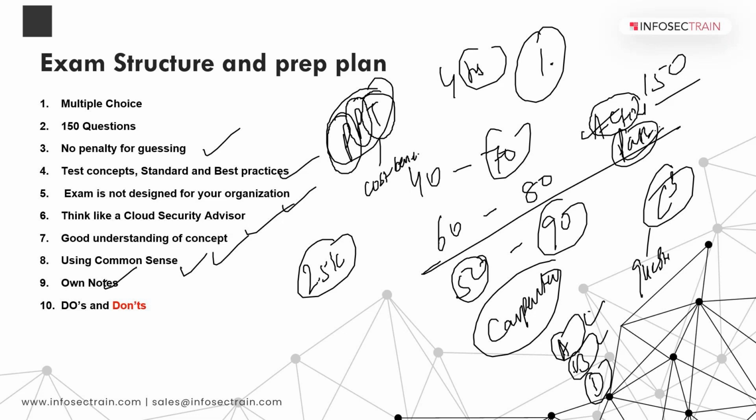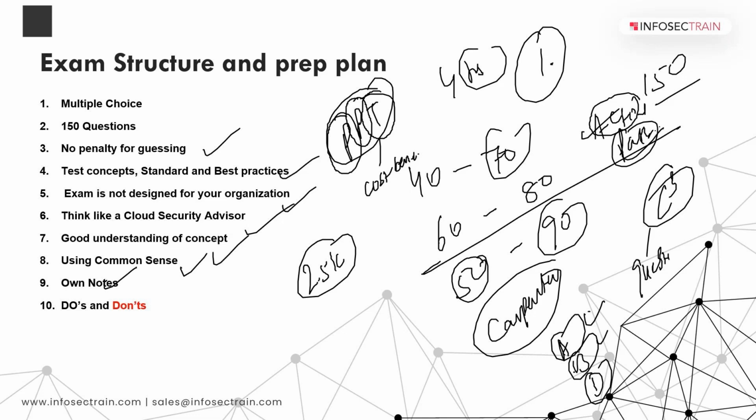Now the same question asking what is the best resource to clear the CCSP exam 1 week before. Definitely 1 week before you are not going to go through the ISC2 CBK book. Definitely your own notes. So your perspective will change. These keywords always change it.